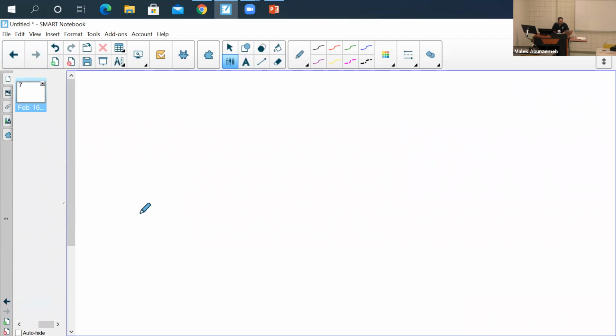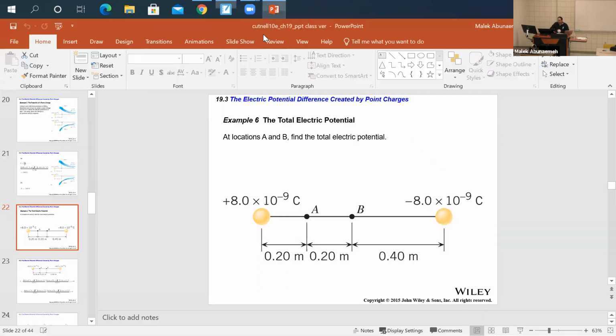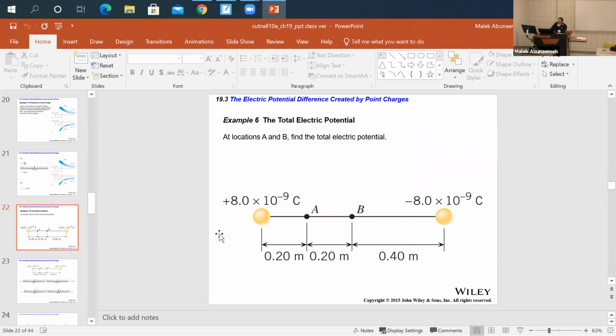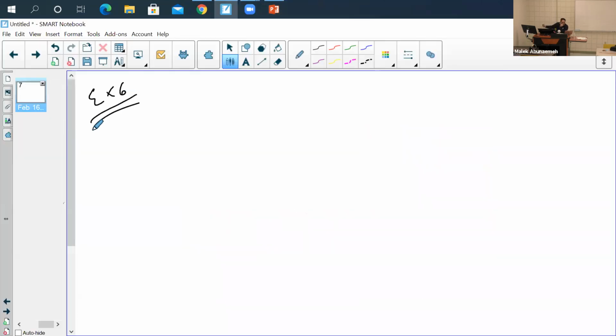This is going to be example 6, I believe. So we need to find VA and the voltage at B. Now you know your V equals KQ over R.